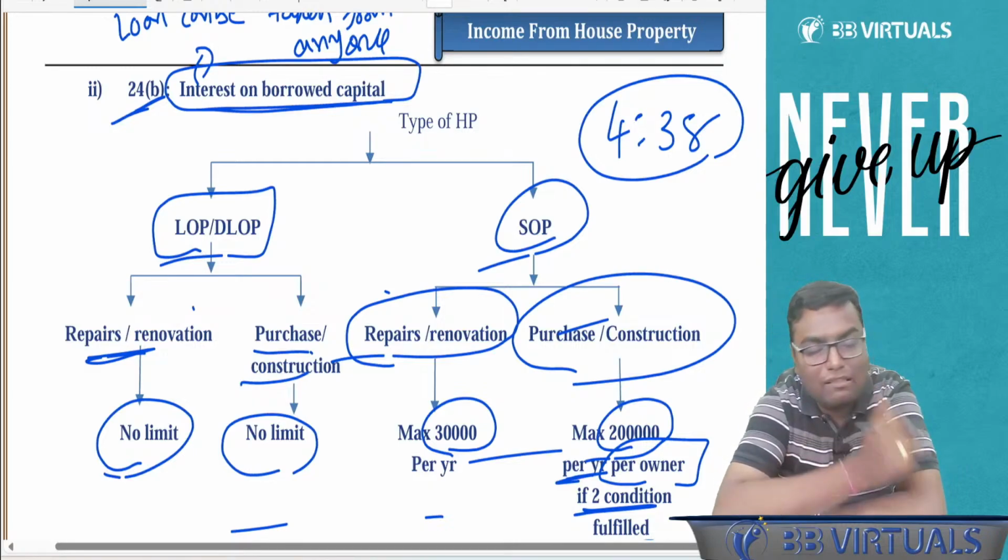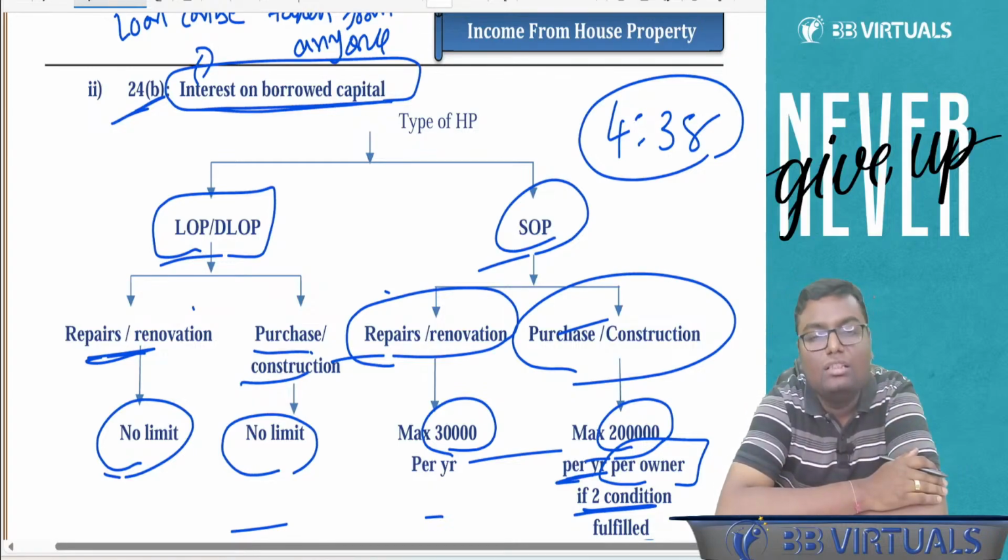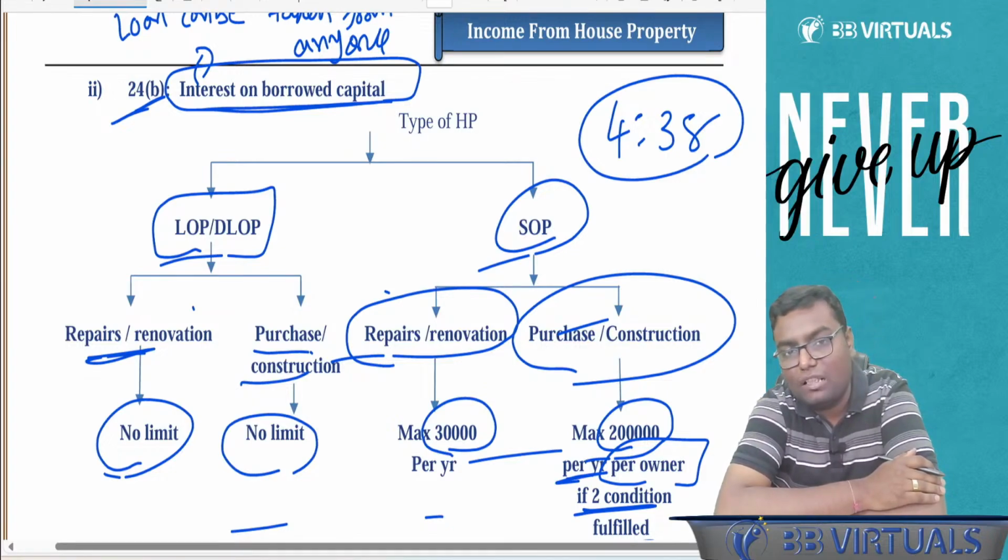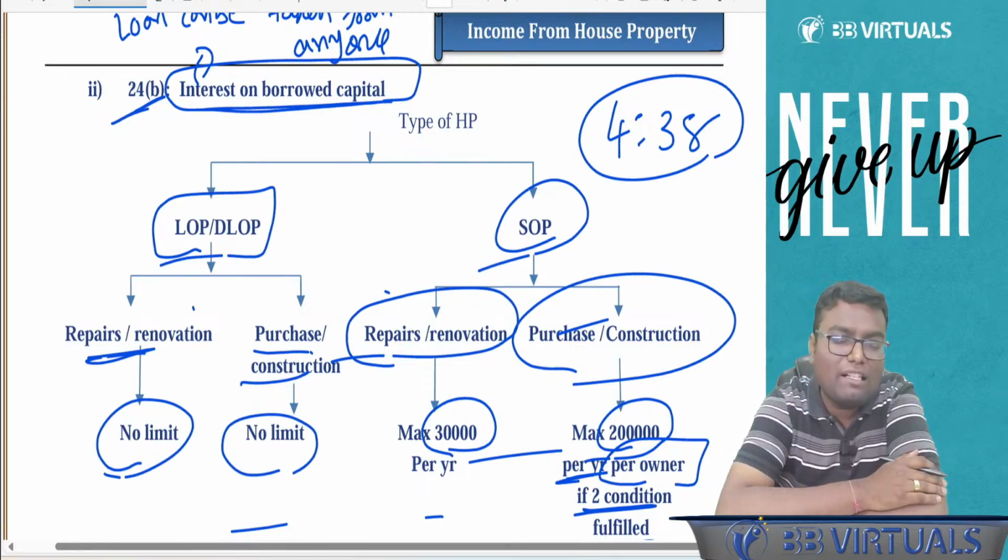And if it is for purchase or construction and two conditions are fulfilled, you can take deduction of rupees 2 lakh. Otherwise, you can take deduction of rupees 30,000. What are the two conditions? Purchase or construction should be completed on or after 1st April 1999, and it should be completed within 5 years from the end of the year in which the loan is taken.